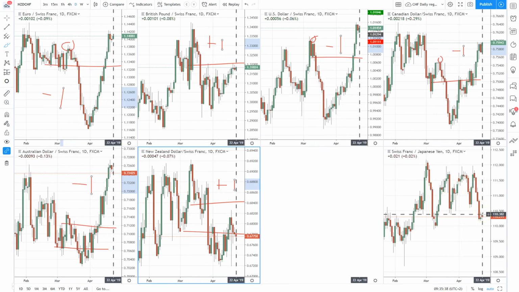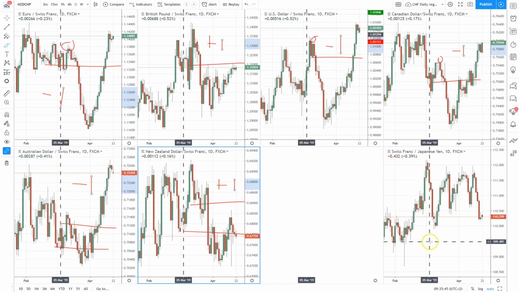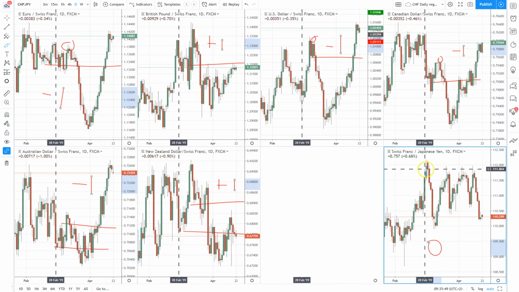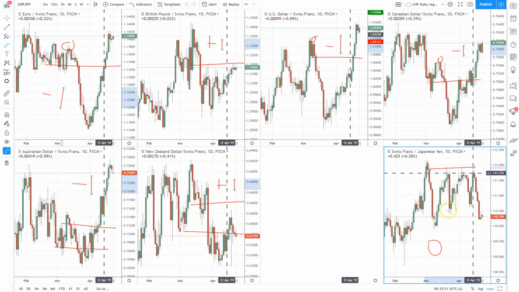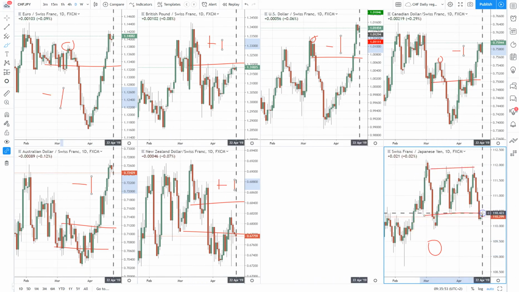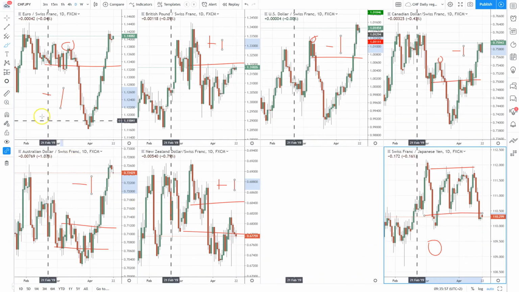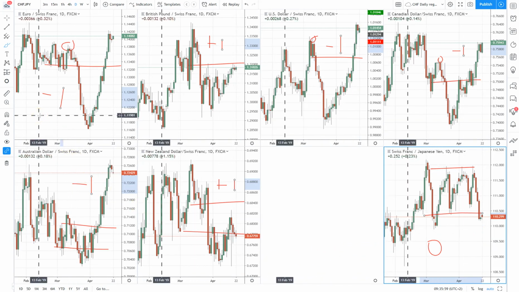So on this one I would say it's very, very hard to label it as any direction. So this one would be a 0 to me, because we are just holding in a range like that.